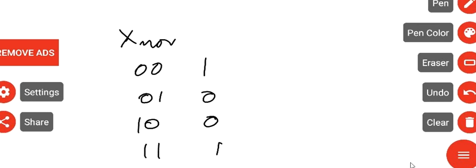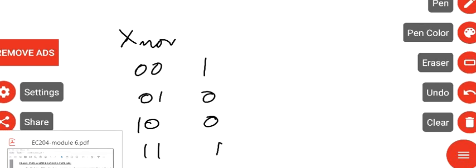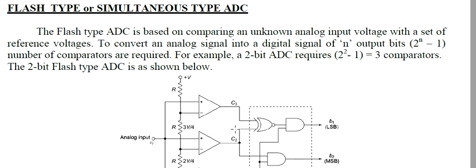And you know the truth table for the AND gate. Then you give these values to this coding circuit and you get the output B1 and B2 for the different combinations, that is 0 0, 0 1, 1 0 and 1 1.